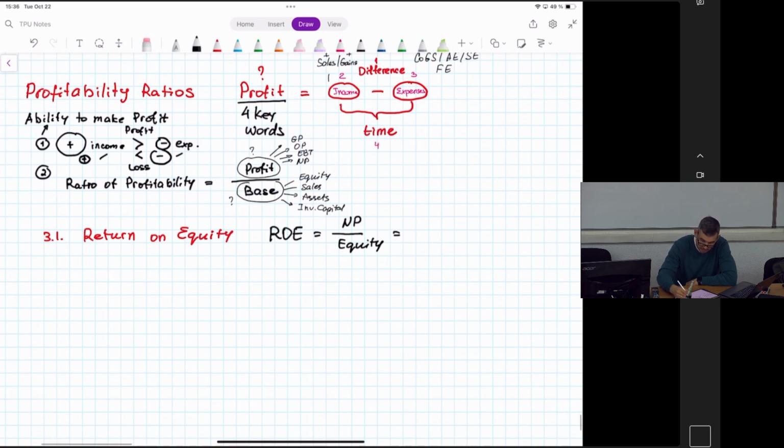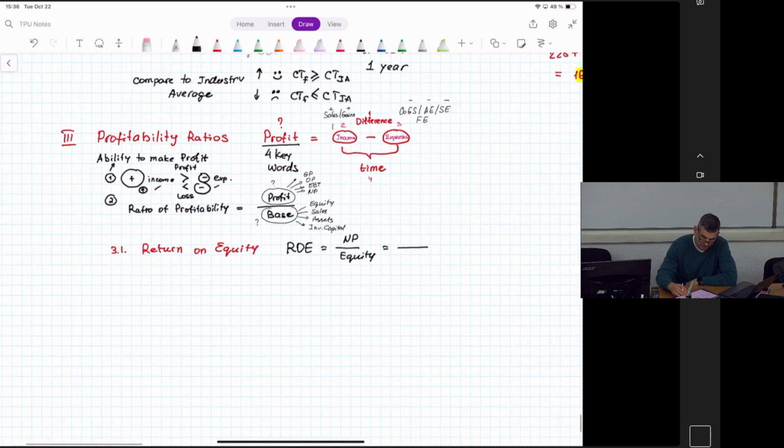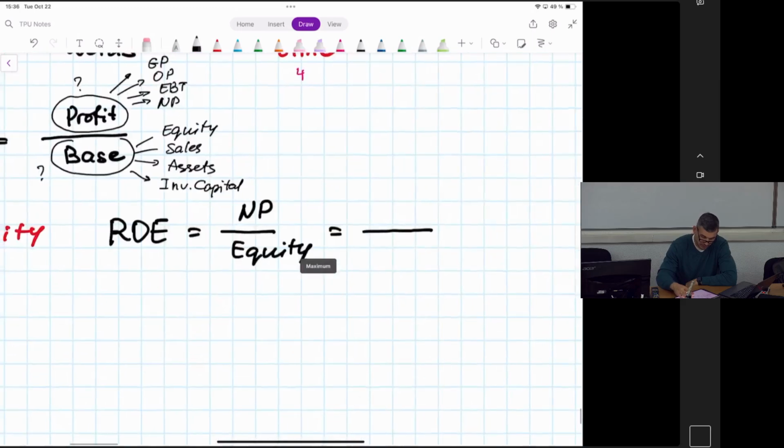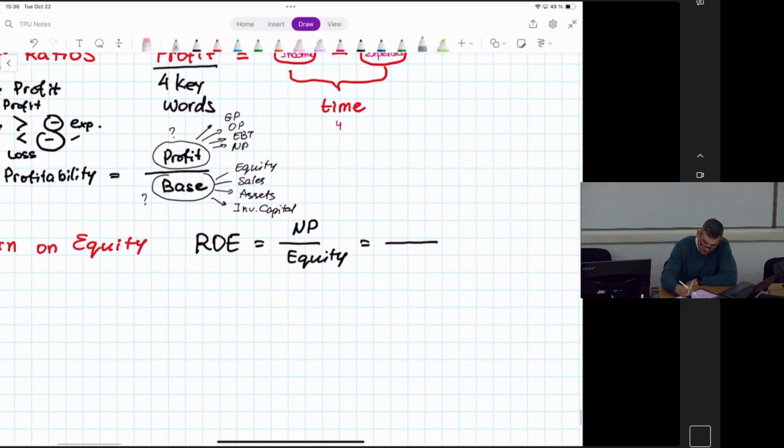Let's look at our financial statements and find net profit and equity. Just to remind you, which financial statements do we take them from? Net profit, income statement. Equity, balance sheet.